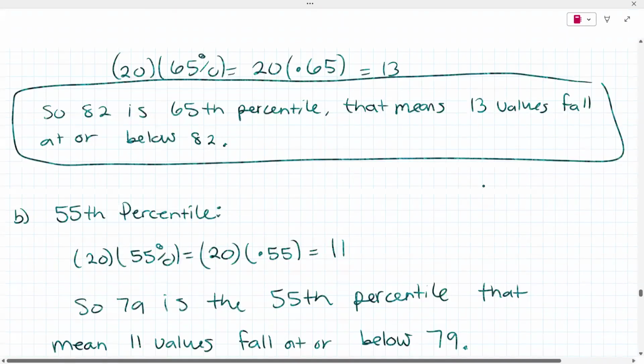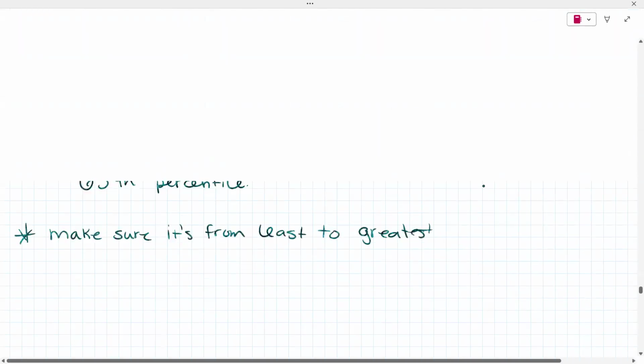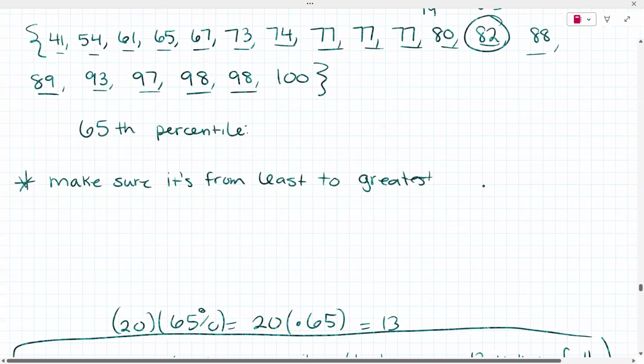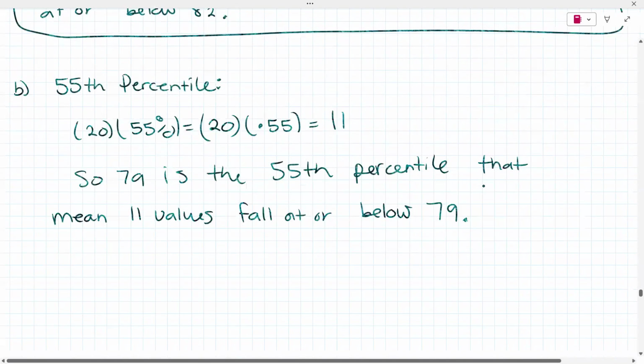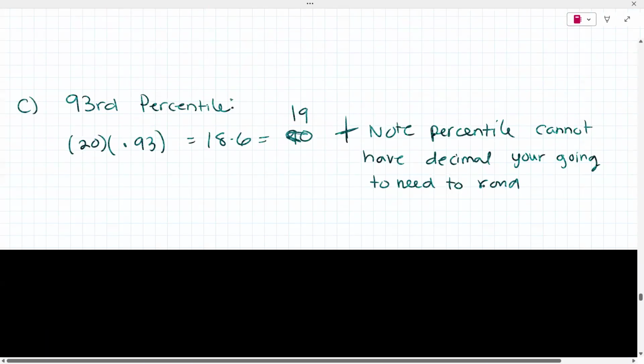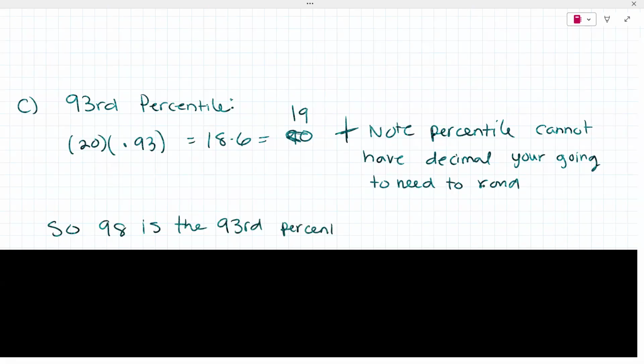So if you look at the 19th term, it is 98. Yes. So this is the 19th term. So that means 98 is the 93rd percentile. Nineteen values fall at or below 98.